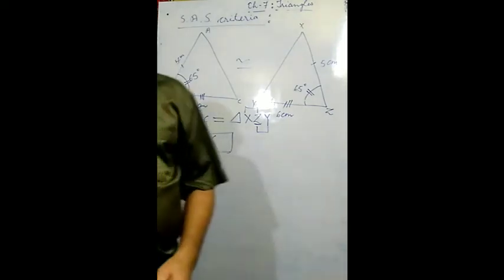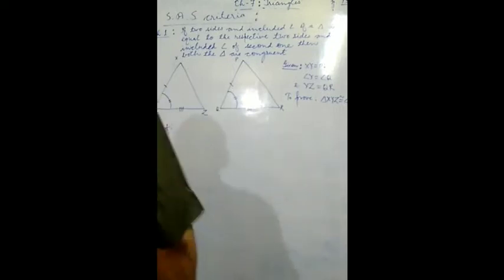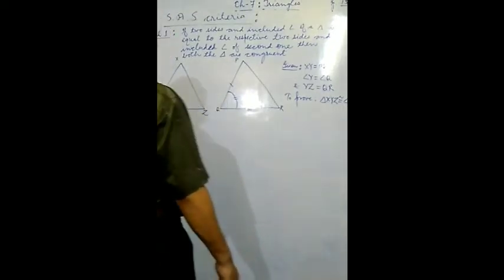In this way, we have to justify if two sides and the included angles are equal, how can we prove the congruency criteria?